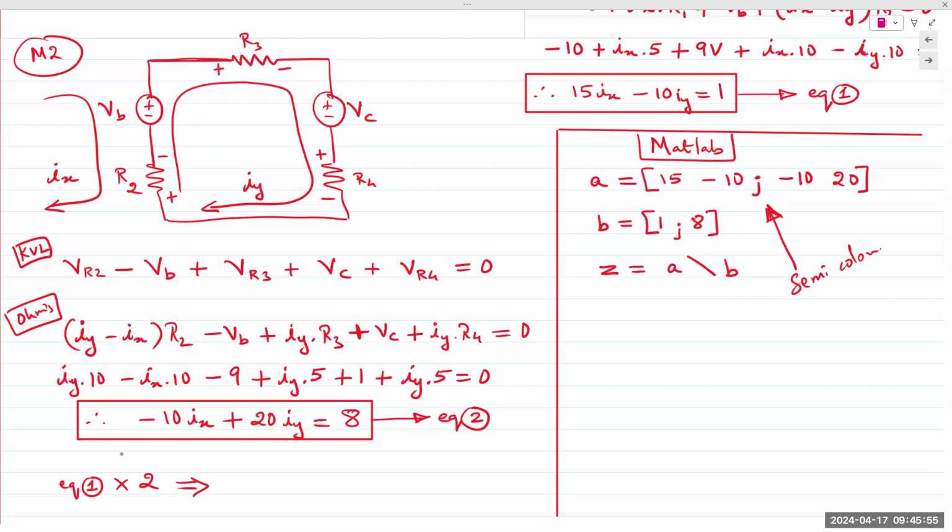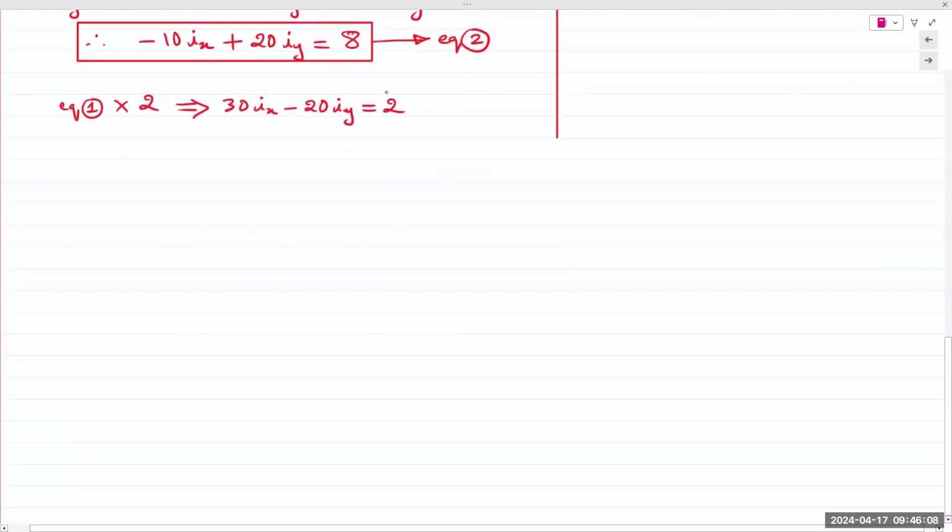That would give me 30 times Ix minus 20 times Iy equals 2.